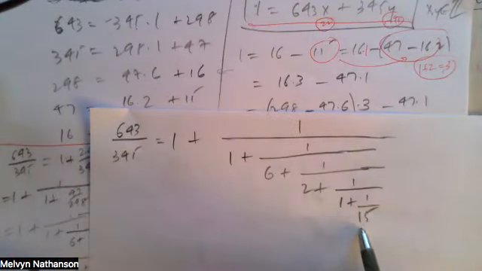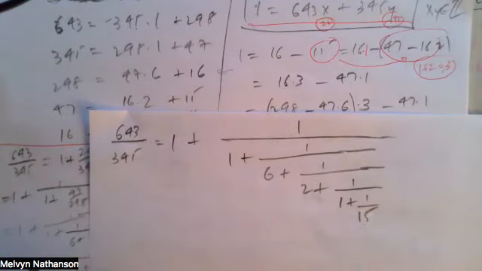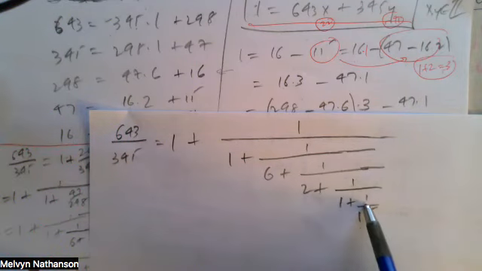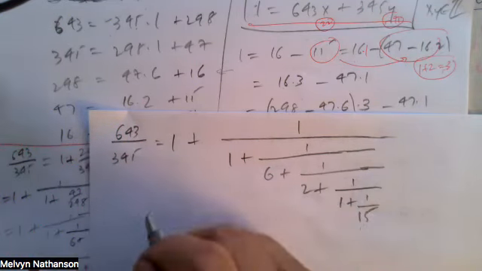So this is the simple continued fraction for 643 over 345. You work this out, this is exactly what you get.